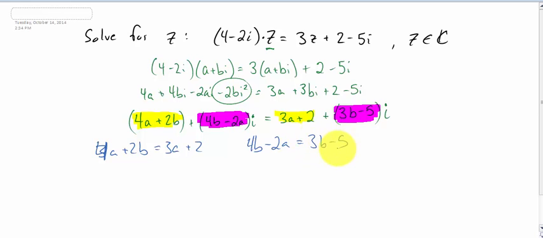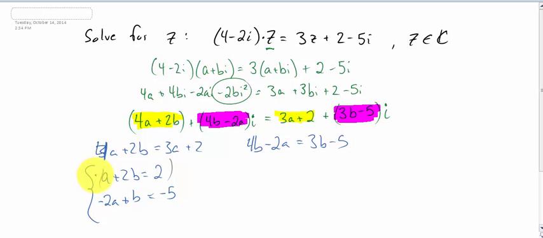Let's get these written how we're used to seeing it. We have a plus 2b equals 2, I subtract 3a from both sides. And the second equation would be negative 2a plus b, I'm subtracting 3b from both sides, equals negative 5. Ooh, now that looks like something we can handle, right, guys? You better be saying yes, otherwise I'm really sad.